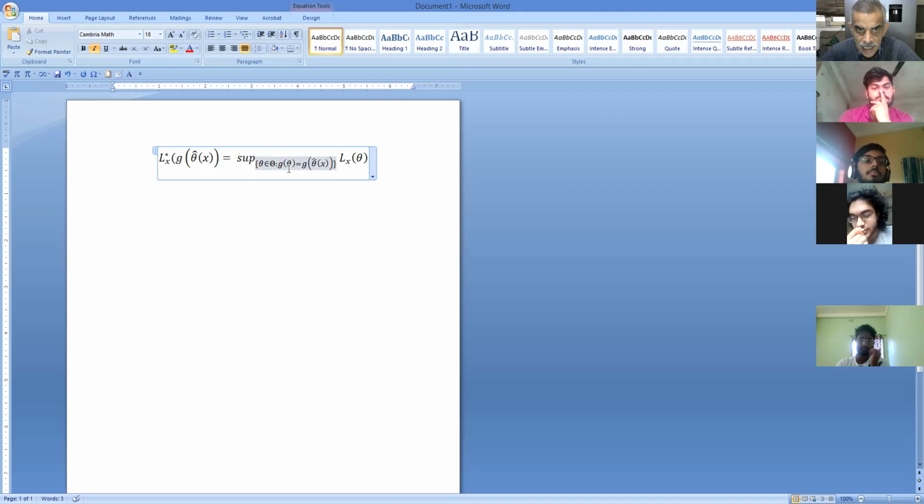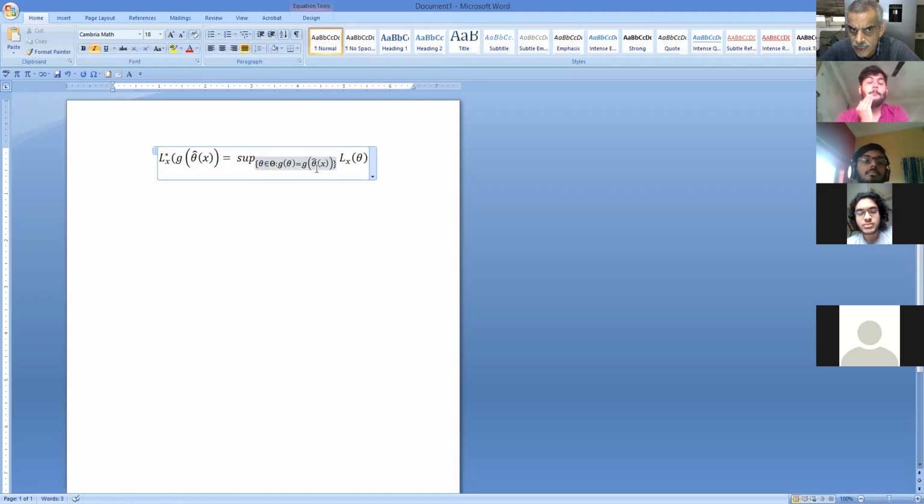To show that theta hat belongs to this set, that means theta hat satisfies this property. That means g(theta hat) should be the same as g(theta hat), which is always true.